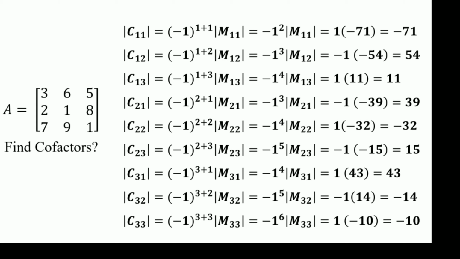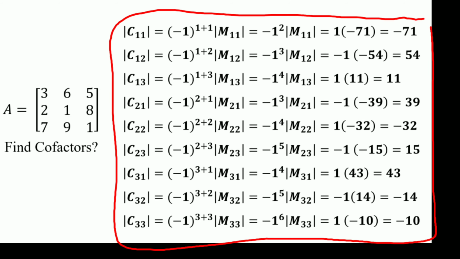Now the second cofactor C12 is equal to minus 1 raised to the power 1 plus 2 into the second minor M12, which is equal to minus 1 cubed into the second minor, that is minus 1 into minus 54. So minus 1 into minus 54 will become 54. In the same way we can find the other cofactors also.